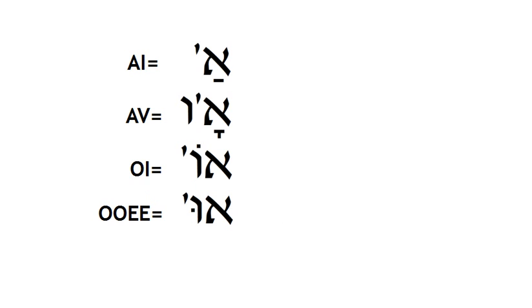Now we've got one final vowel, and it's probably one of the most difficult and complicated vowels. It's difficult to pronounce, and it's difficult to know when to pronounce it. What I mean by that is that it is either pronounced or silent.